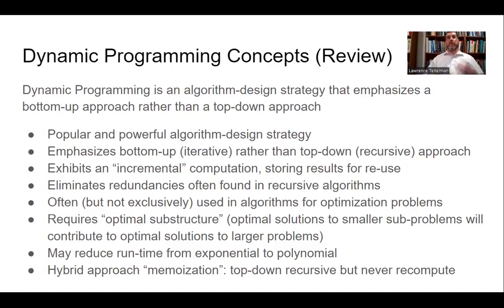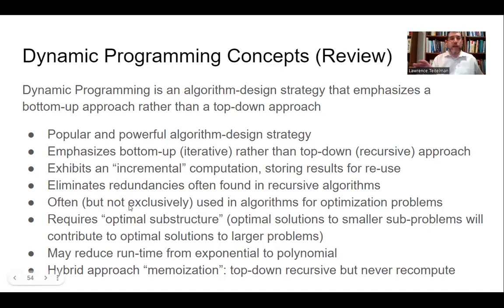This says do it the other way around. Start with the small cases, which are easy, and gradually work your way up using an incremental approach. Figure out the case n+1 based on what you know about the case of n. It's almost like an inductive kind of proof. For it to work well, it needs what's called optimal substructure.